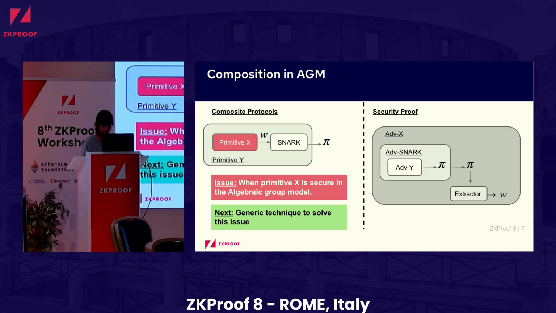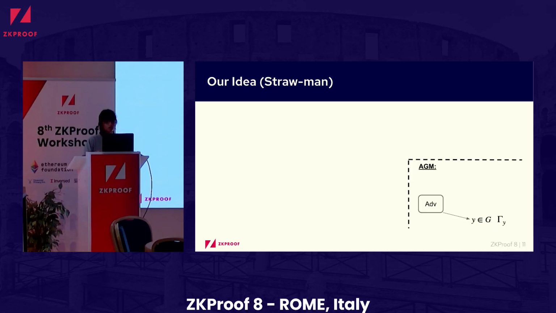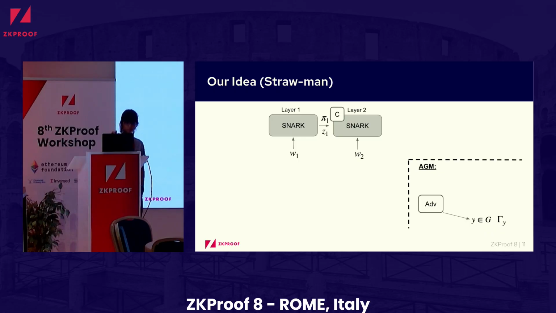Right, so the next thing I'll discuss is how to solve this. The idea is pretty simple. This is the slide from before, the layer 1 snark and the layer 2 snark.